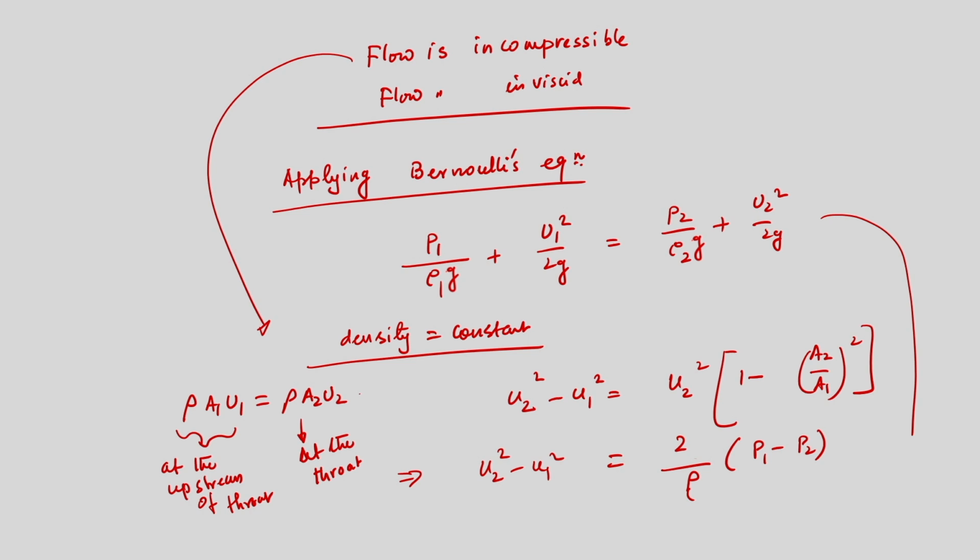Now, the change in velocity between these two sections can be correlated in terms of pressure drop, which is obtained from the Bernoulli equation, and we are applying the Bernoulli equation forcefully because the fluid is not inviscid at all. But one of the most important assumptions of applying the Bernoulli equation is that the fluid has to be inviscid.